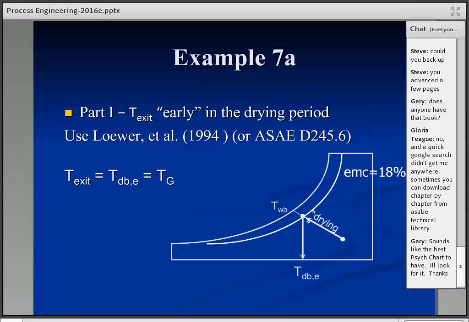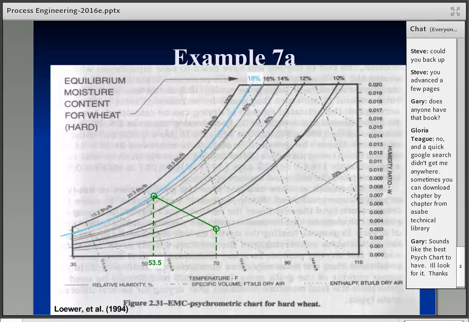So this is where the easiest way is to use the chart out of Lohr et al. The skeleton chart again looks like this. You've got initial conditions and goes up to the equilibrium condition here. And let me just look at that, here it is plotted on the actual chart out of Lohr. Initial conditions were 70 degrees Fahrenheit, 20% relative humidity.